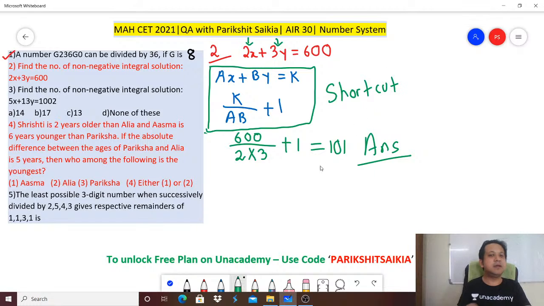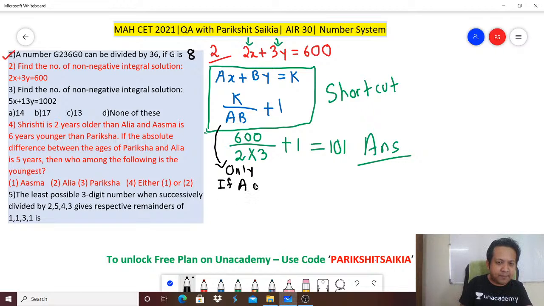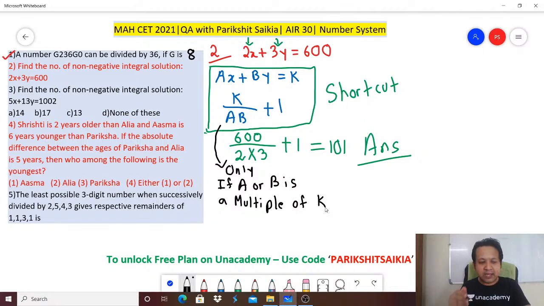Now one point you must know is you can apply the shortcut only if a or b is a multiple of k. That's very, very important. Someone is asking whether the number of terms in y will be equal to the number of solutions.